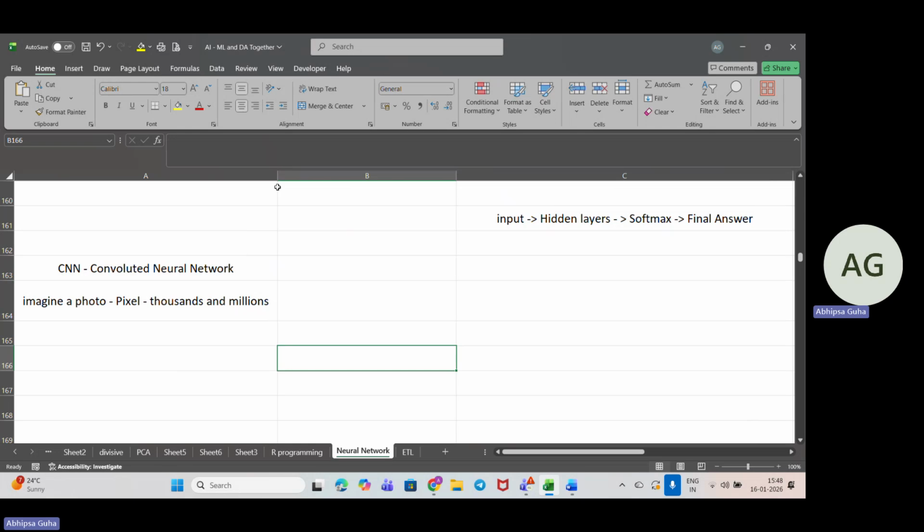Okay. So CNN was invented to look at images like humans actually do, and based on that it can pick up the minute details of the image.